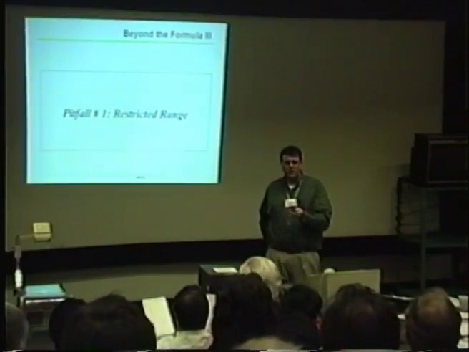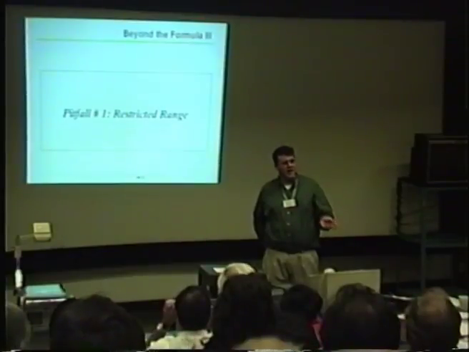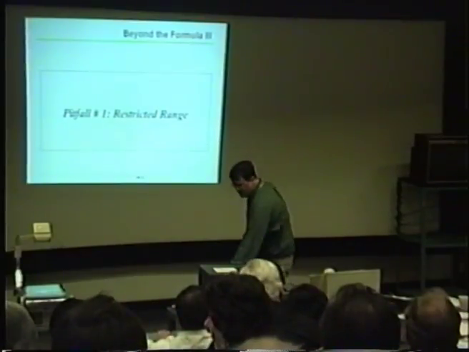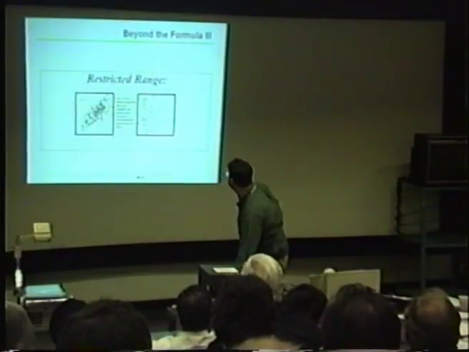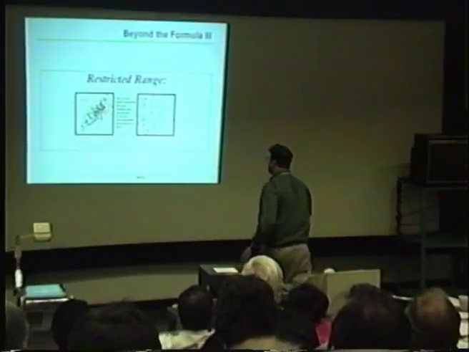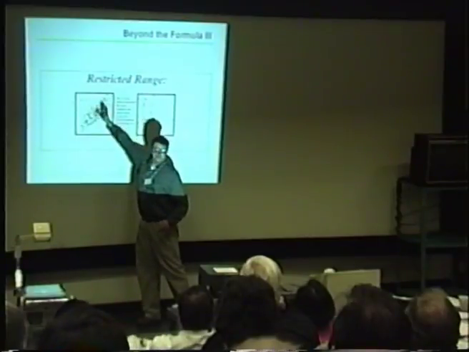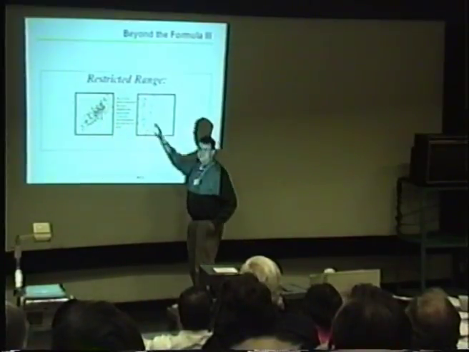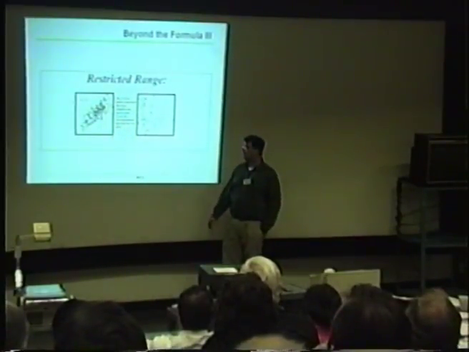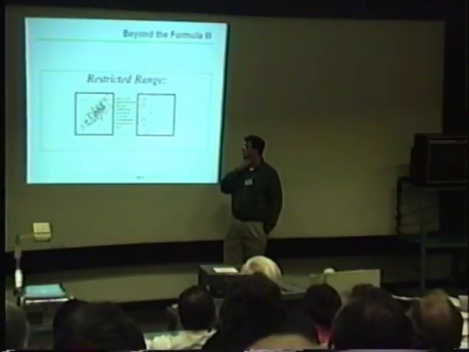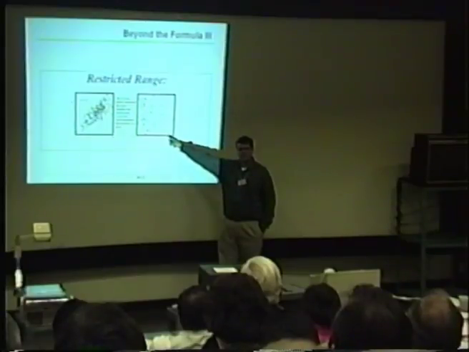When we go to do our correlations and look at the correlations we see, often what happens is you get something that looks like this, where instead of having your whole range of possible scores, you've only got this. I've had clients come to me and say, isn't this a problem?